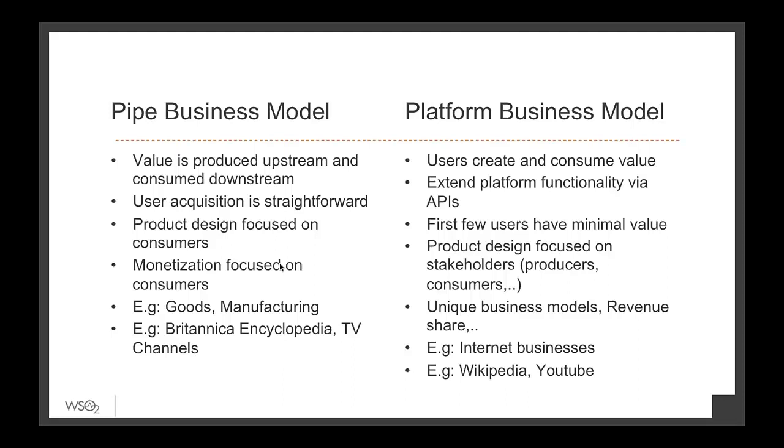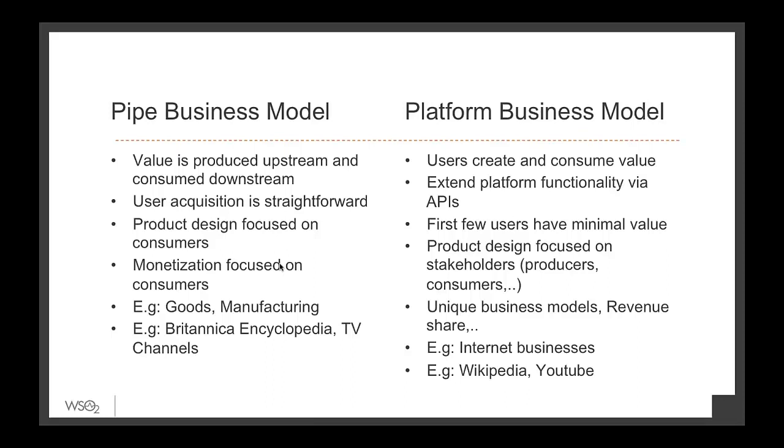So the value here is produced upstream. Right? So someone basically builds or manufactures a good, and then that good is sold in basically some retail outlet or on a website. Right? And someone basically comes and consumes that downstream.